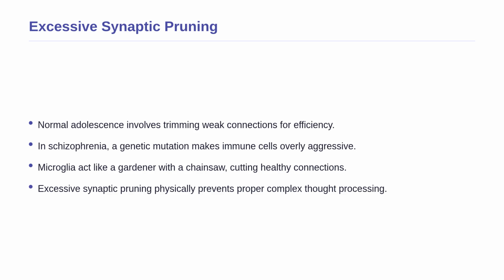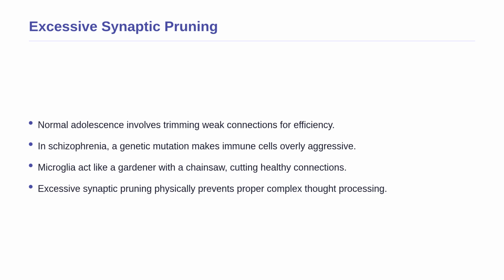Beyond just the chemical imbalances of dopamine and glutamate, we must also look at the physical wiring of the brain. During normal adolescence, the brain acts like a careful gardener, trimming away weak or unused synaptic connections to make the remaining networks faster and more efficient.